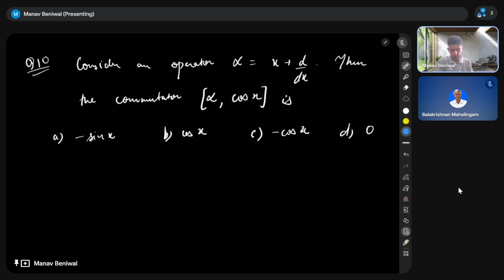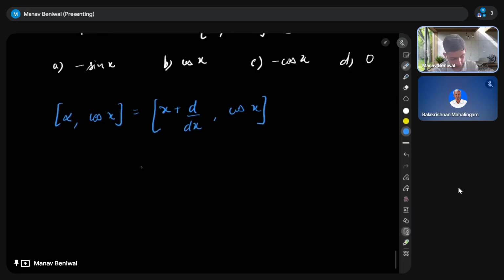Okay, so this commutator between alpha and cos x, let's write down alpha as x plus d/dx, and the second term is just cos x.